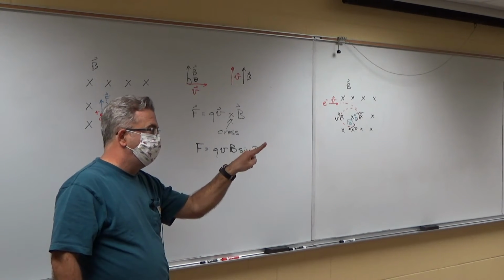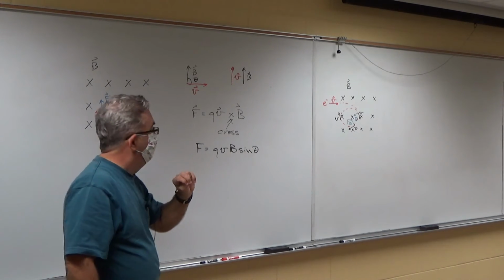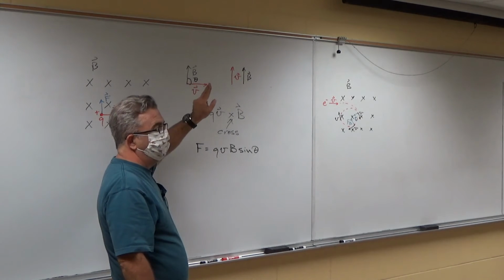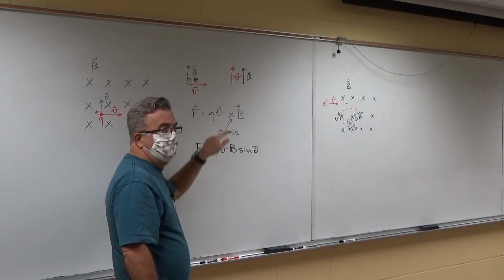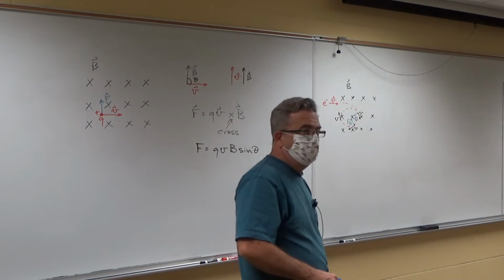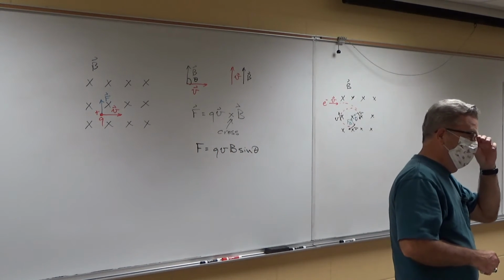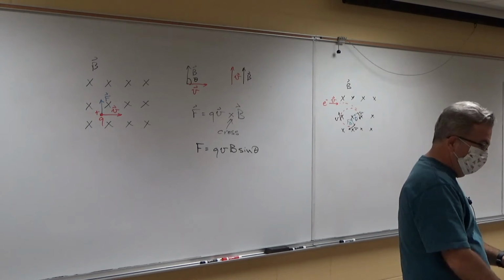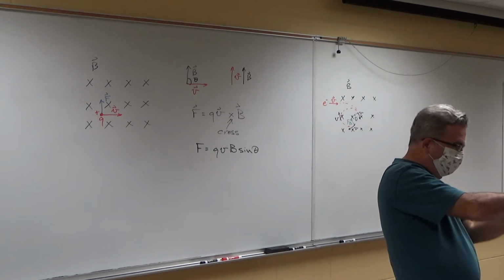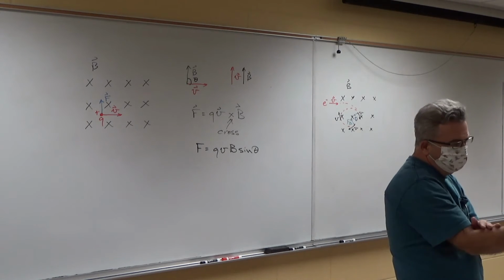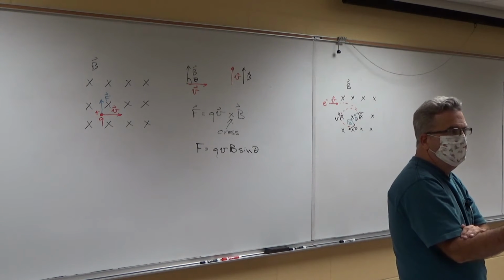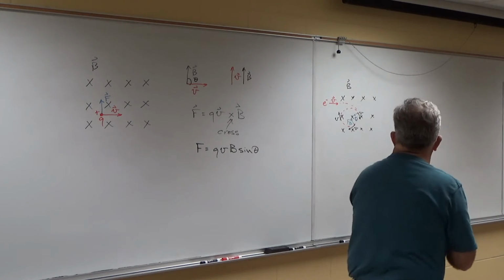Two vectors form a plane, okay? The force is always normal to the plane formed by V and B. That's how the cross product works, okay? So if you form a plane with V and B, the force is always going to be perpendicular to V and B. That's that right-hand rule thing, okay?